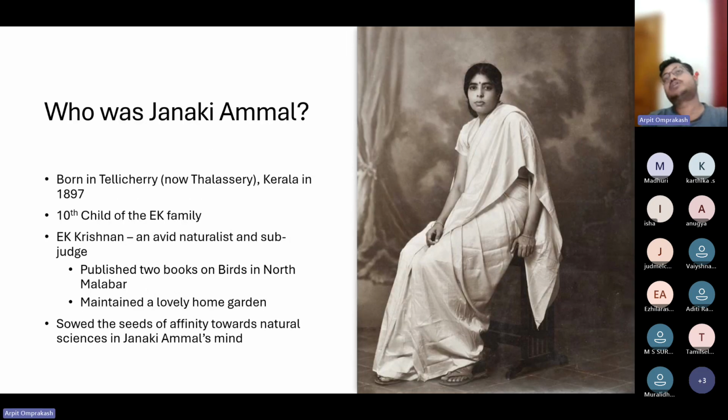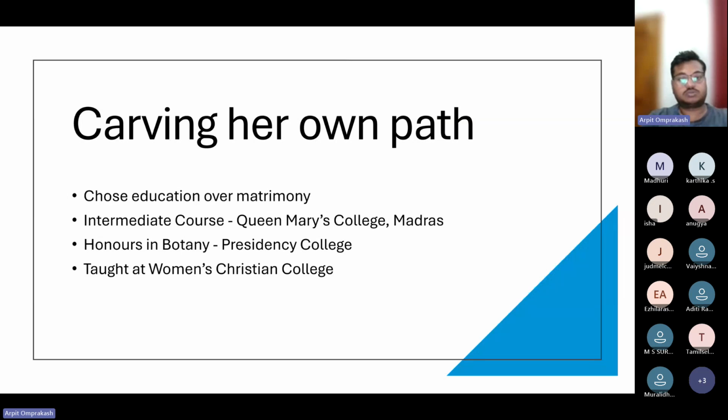the 1890s was a difficult time for women, and so she had to do a lot of things to get to where she was. First of all, she had to choose education over matrimony because generally in that age and time, women were not allowed to work. Women were generally expected to get married and so on.